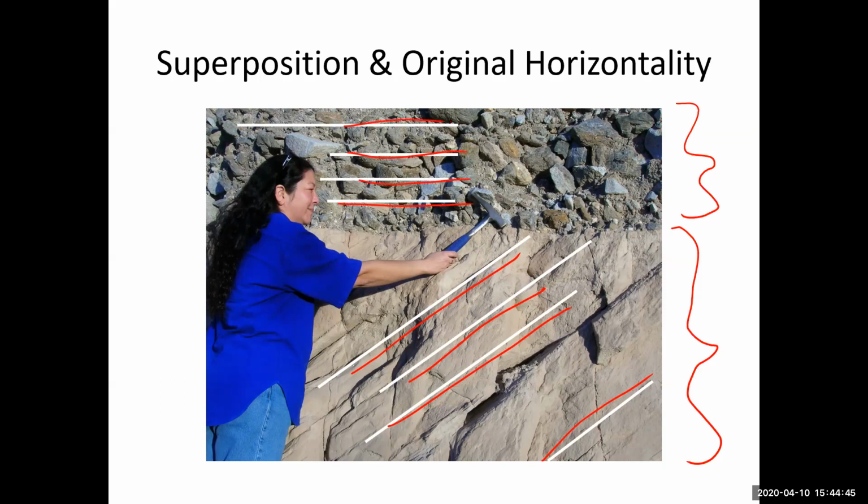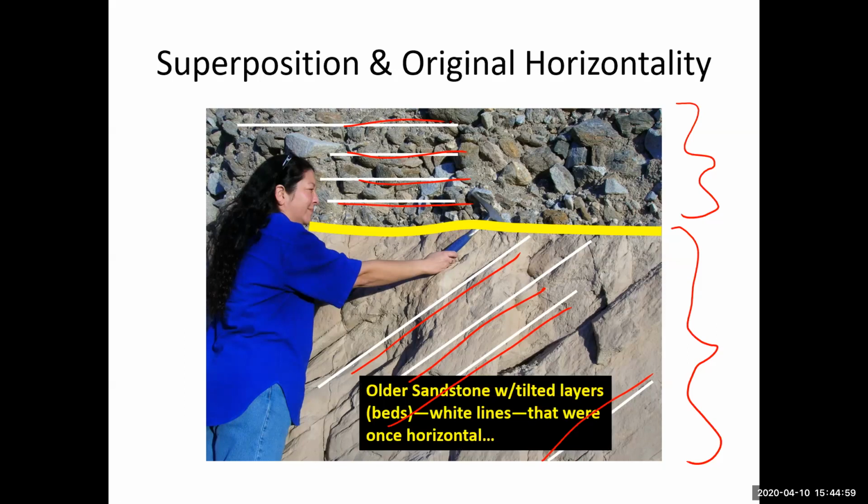And then finally, we have this sort of sharp knife edge boundary or geologic contact between the tilted sandstone layers underneath and the horizontal sedimentary breccia up top. So what's going on here? Well, the older sandstone layers are now tilted, but keep in mind that when they were laid down, they weren't tilted, they were flat, and they've only been tilted after they were laid down.